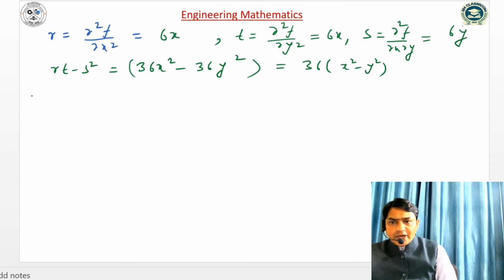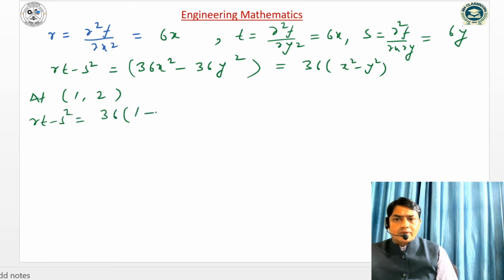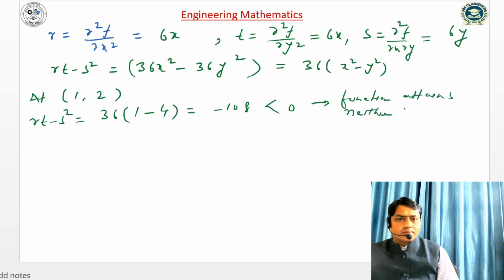So the first stationary point is at x 1, y 2. At 1, 2, rt minus s square is 36 into (1 minus 4), which is minus 108. So less than 0 means the function attains neither maxima nor minima.